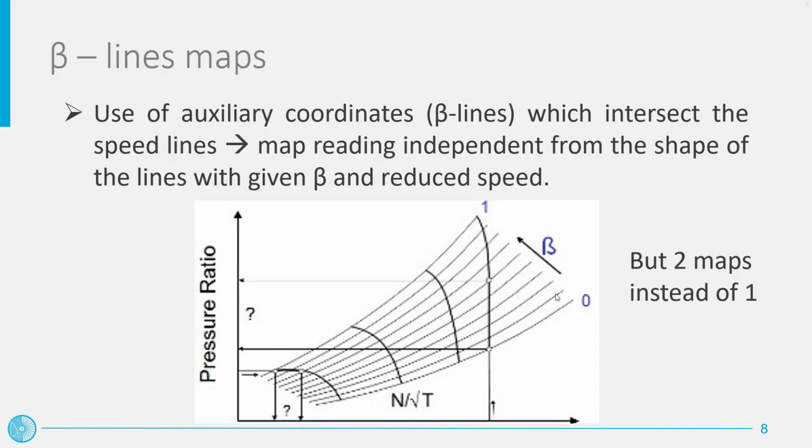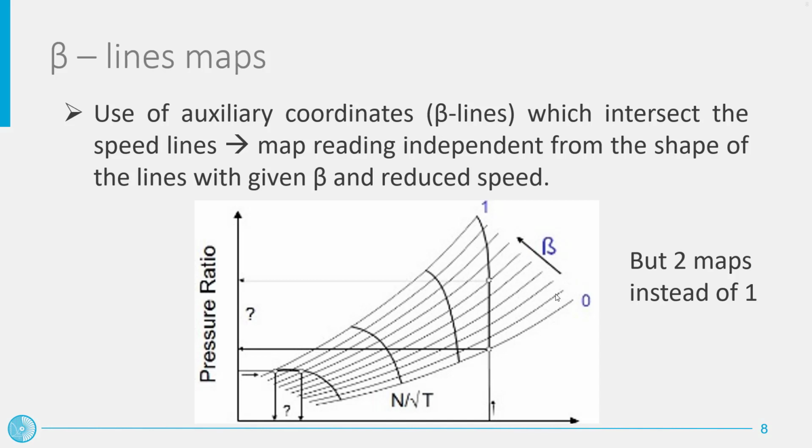Last but not least, if we now imagine converting the beta lines map in a matrix whose rows and columns represent the auxiliary coordinate beta and the reduced speed, it's easy to figure out that this matrix will not feature not a number elements. Each beta, reduced speed pair identifies a given value of pressure ratio and flow coefficient.